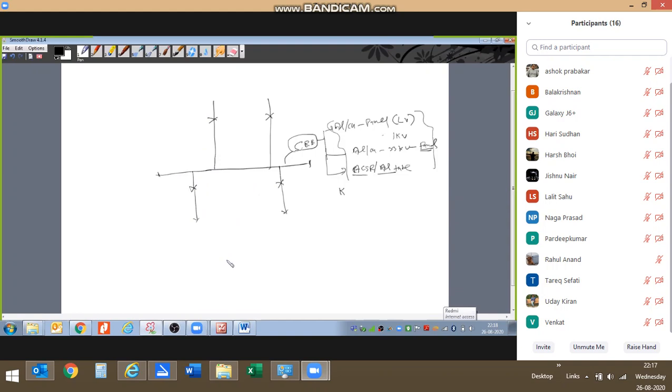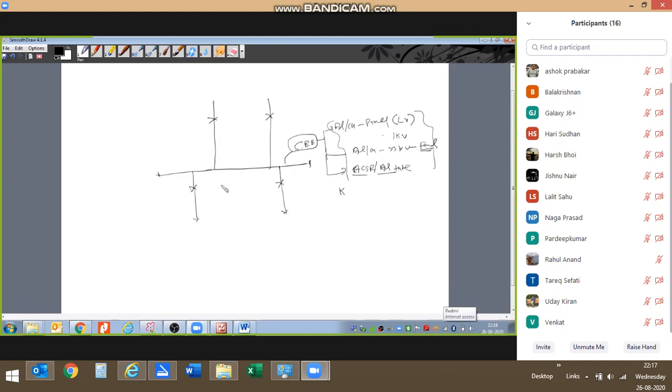This is only the basics. Now what is happening here: in the case of substations, if we are working in the switchyard, how is switchyard engineering different from other electrical discipline engineering?